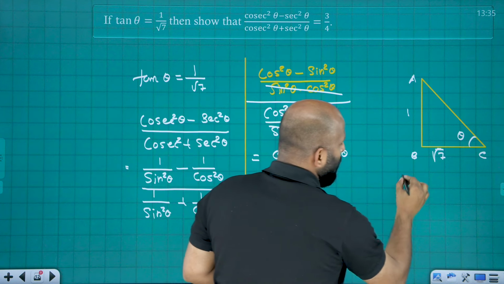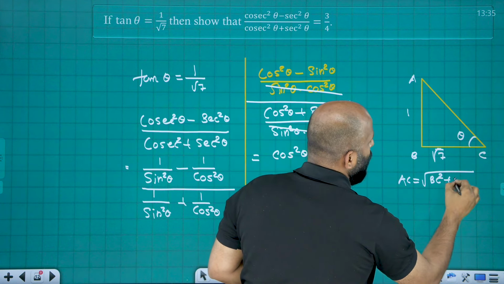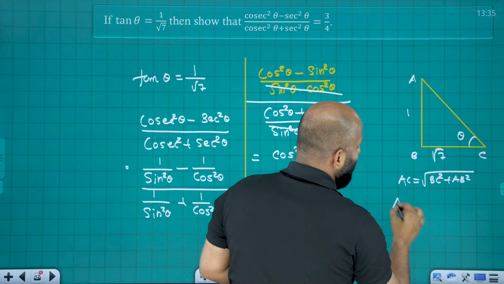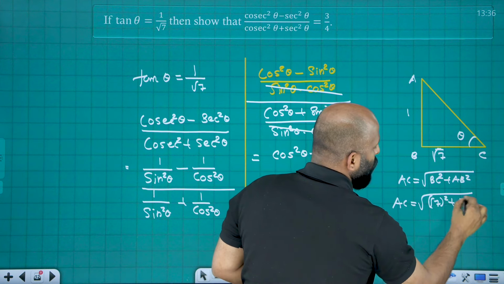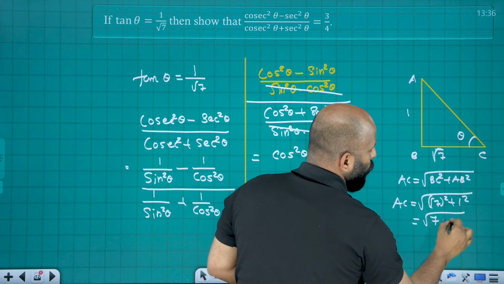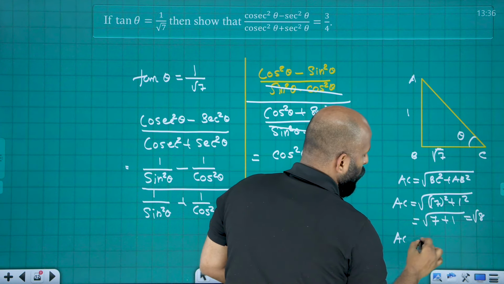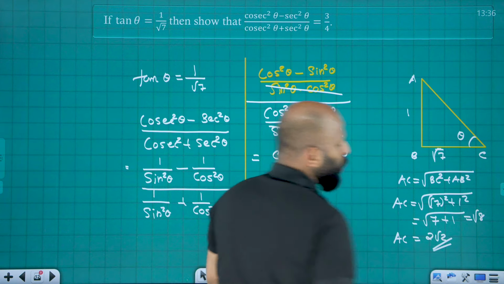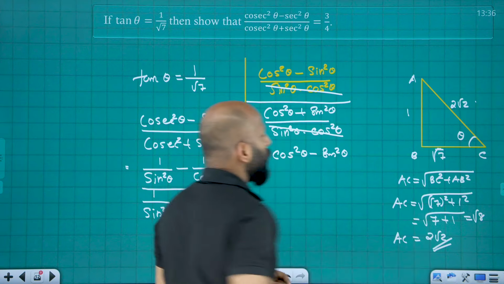So here AC is equal to square root of BC square plus AB square, that is equal to square root of root 7 square plus 1 square, that will be 7 plus 1, that is root 8. That is AC is equal to 2 root 2. So here we got the hypotenuse is 2 root 2.